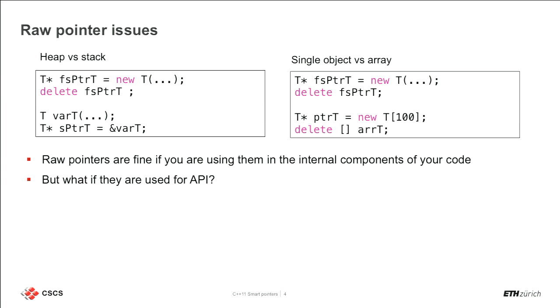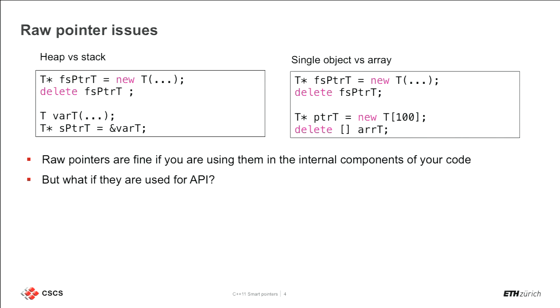These are the typical usages of the raw pointer, and if you're doing things like this in the internal part of your code, if you're working on the development of a library, and this is in the internal component of your code, everything is fine. As long as you remember to delete the allocated resources, you don't have any problem.